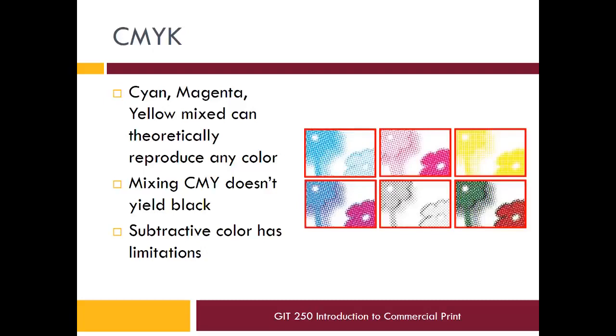If you look here at the image, the way that we print is not mixing paints like we did back when we were doing finger painting in kindergarten. We don't mix inks to create specific colors in printed documents. Instead, we make tiny little dots of distinct colors like cyan, magenta, and yellow.